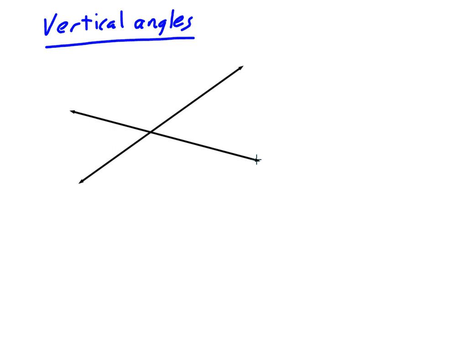Whenever we have two intersecting lines, we create 1, 2, 3, 4 angles. So your opposite angles: angle 1 and angle 3 are opposite. That's what we call a vertical angle pair.